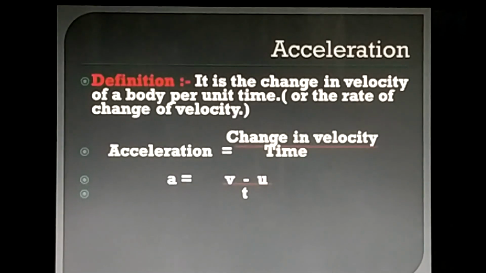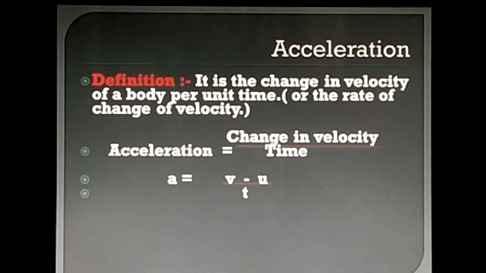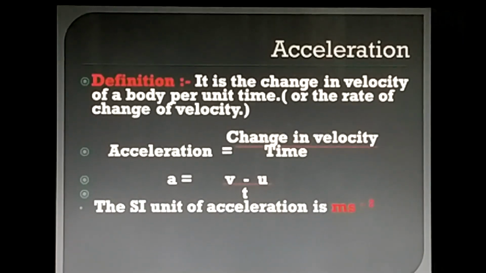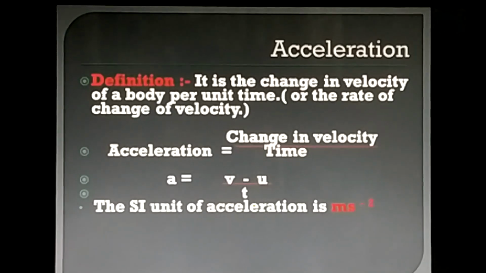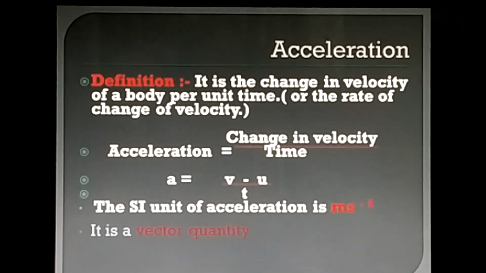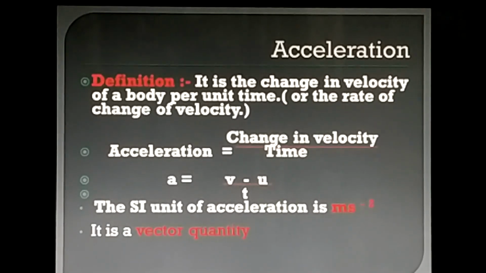Acceleration is represented by a, equal to change in velocity, v minus u, upon t. Here v is the final velocity, u is the initial velocity, and t is the time. The SI unit of acceleration is meter per second square, and it is a vector quantity because it shows the magnitude as well as the direction.